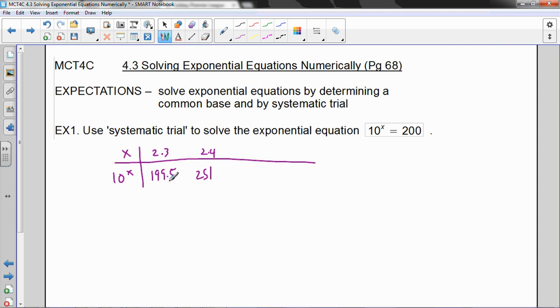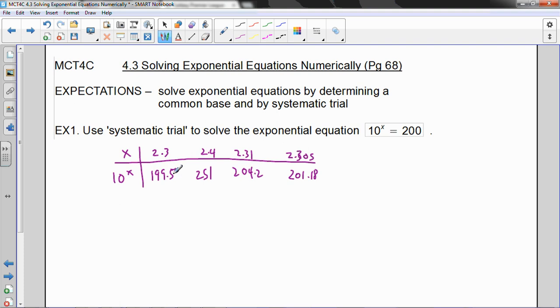So I know it's going to be just over 2.3, and then I adjust my next guess. Maybe I try 2.31, and even that is too high. Well, that means it's between this value and this value. So what's between those two values? I'm going to use 2.305 right in between, and that's too high still.